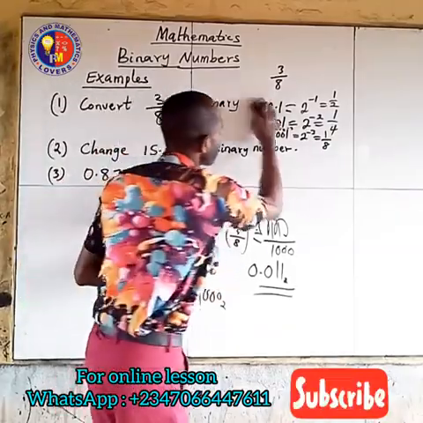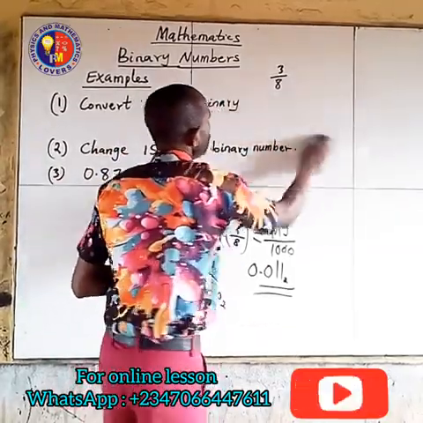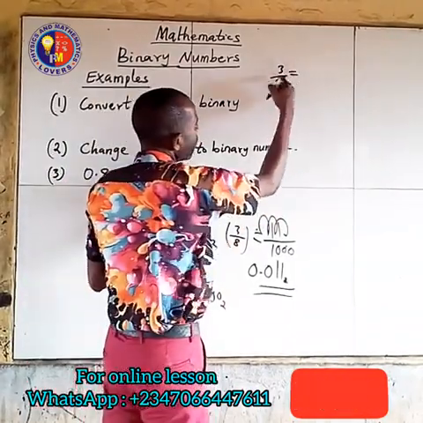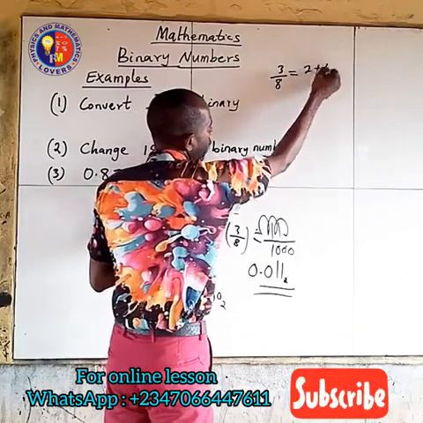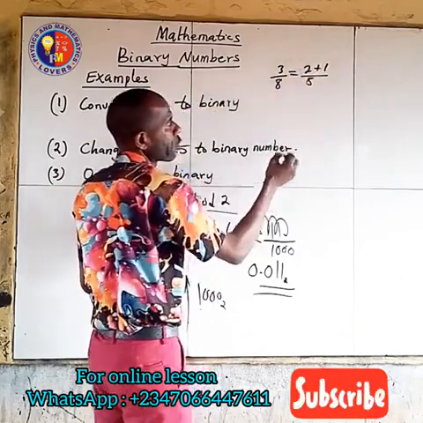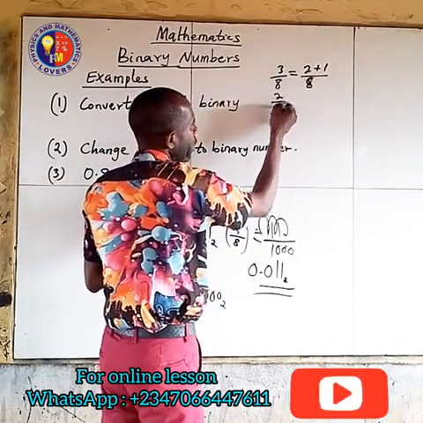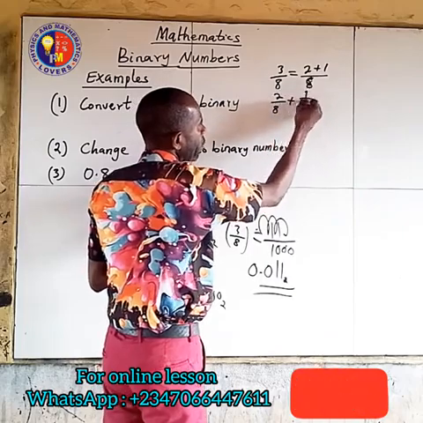So in this 3 over 8, I can break it down to become 2 plus 1, all over 8. Let us distribute this 8 to both of them: 2 over 8 plus 1 over 8.